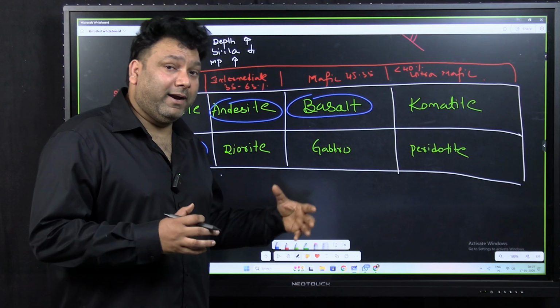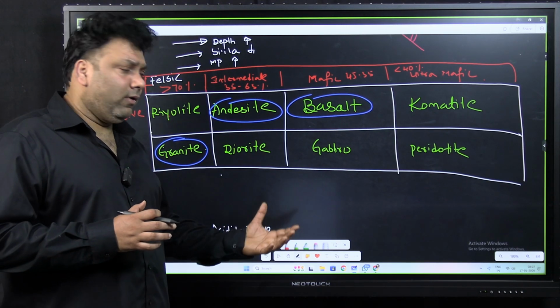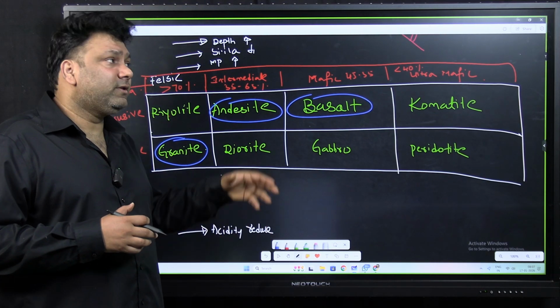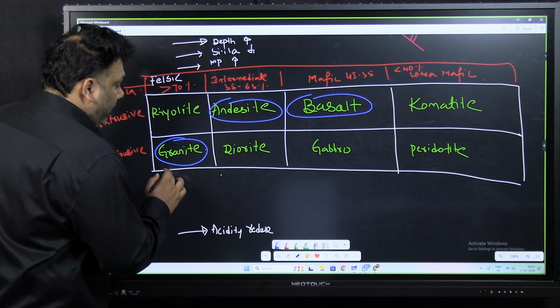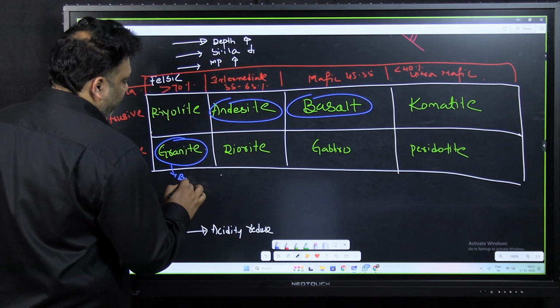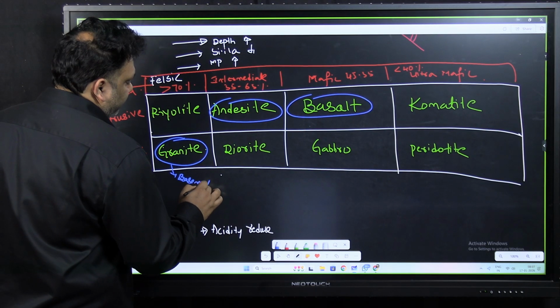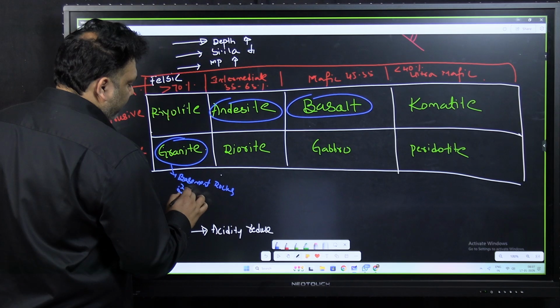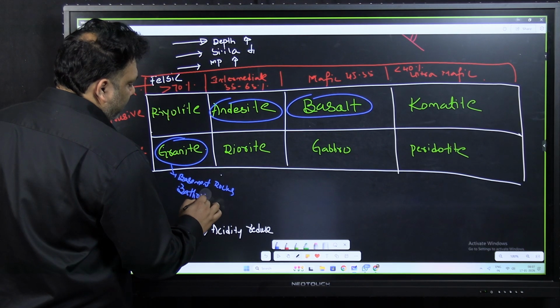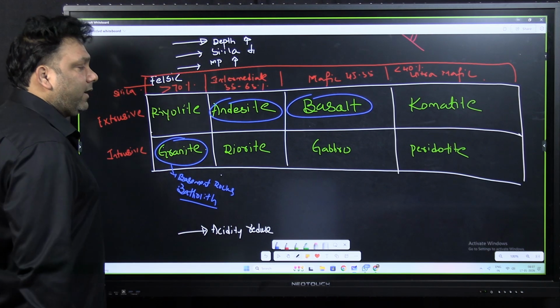Since it is solidified inside, you will be having this big rock on which the mountains are there, continents are there. So it will be forming the basement rocks. And most of the batholiths are nothing but the basement rock. So it is made up of granite.